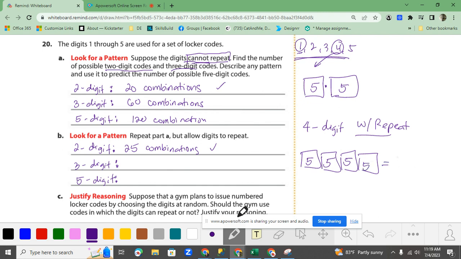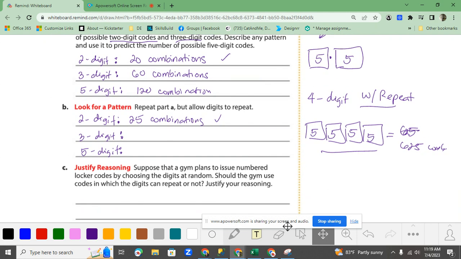When you multiply all of that, five times five times five times five, you have 625 combinations. Okay, so this is a four digit with repetition. So now you could probably answer three and five, number of combinations, digits.